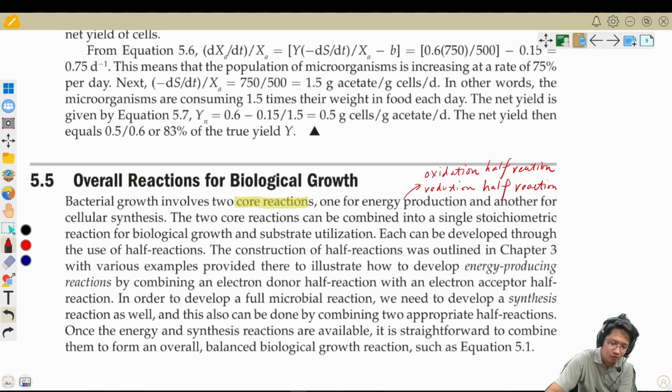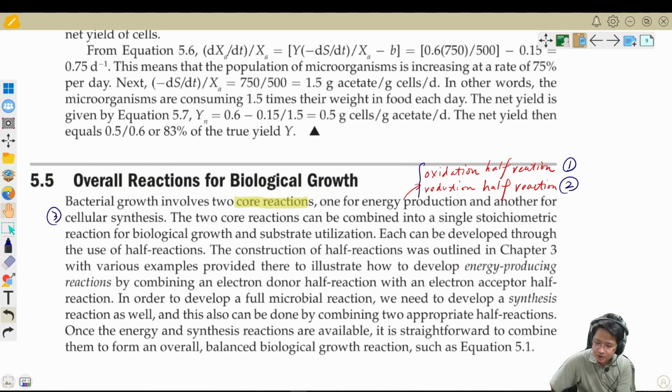Okay, so including those two core reactions, you will get three reactions: one oxidation, two reduction, and three cellular synthesis.